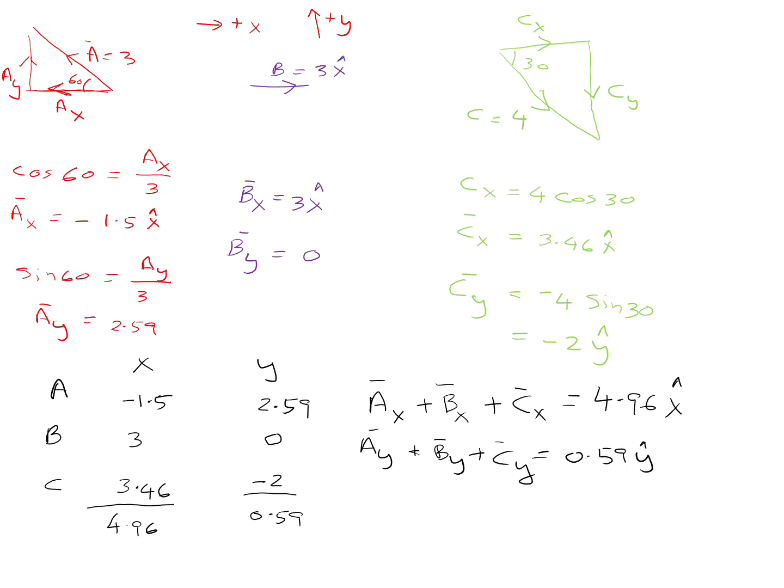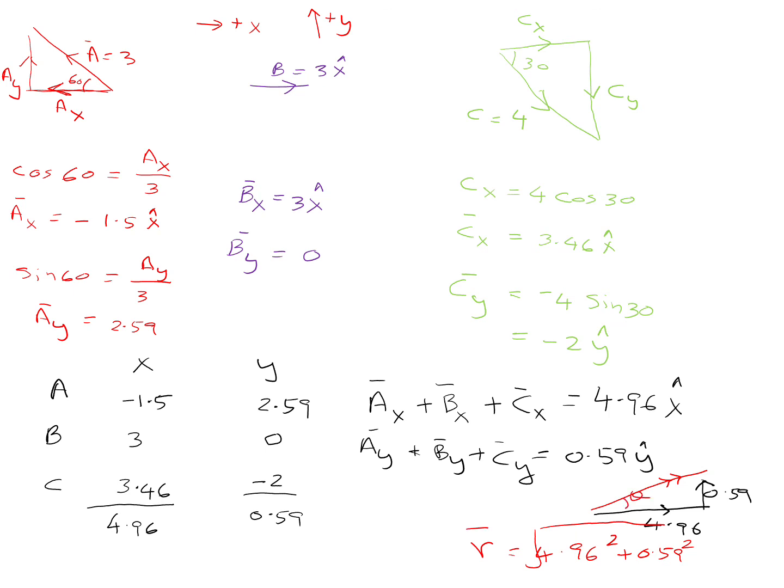If you draw this, it's a triangle like this: 4.96 along the horizontal, a very small length along the vertical direction, and your resultant is this vector, which I'll call R, which is the square root of 4.96 squared plus 0.59 squared.